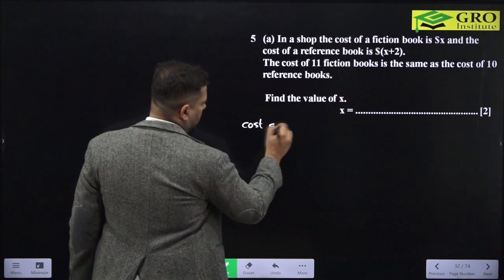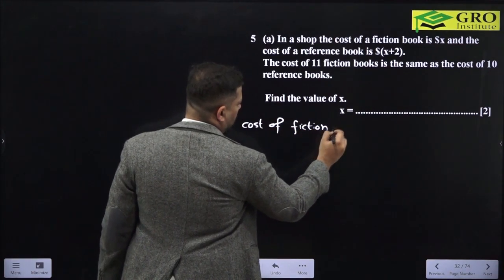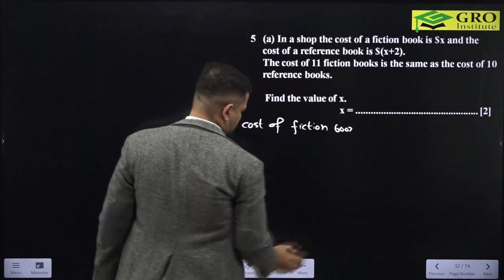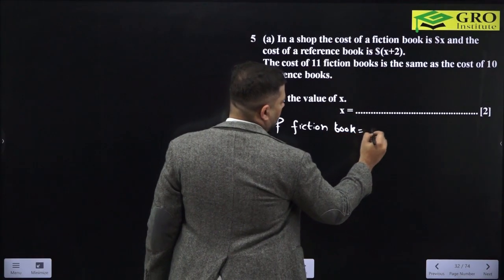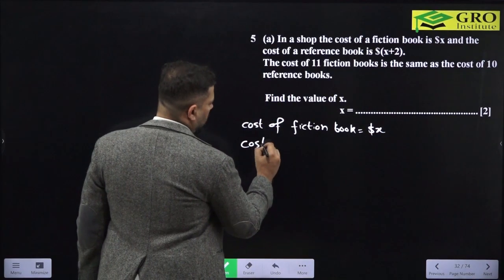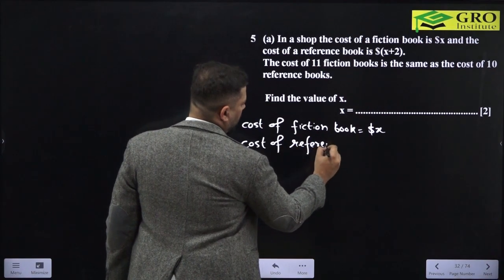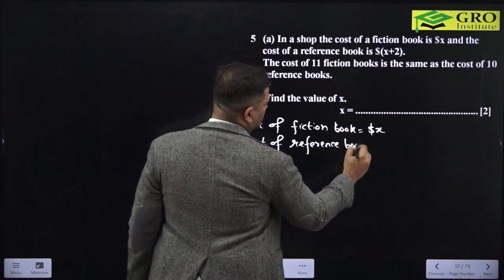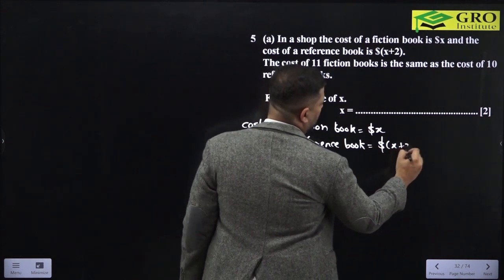Cost of fiction book is equals to X dollars. Cost of reference book is equals to X plus $2.